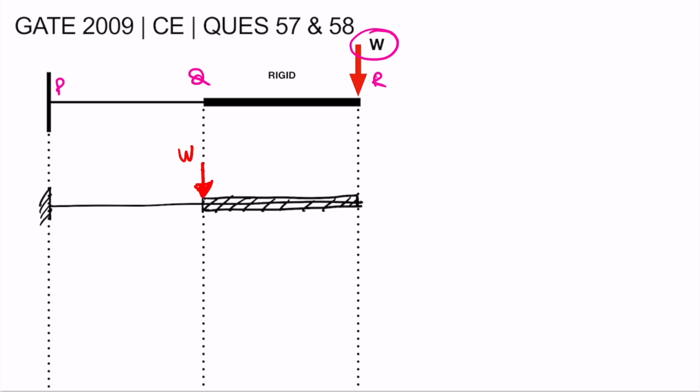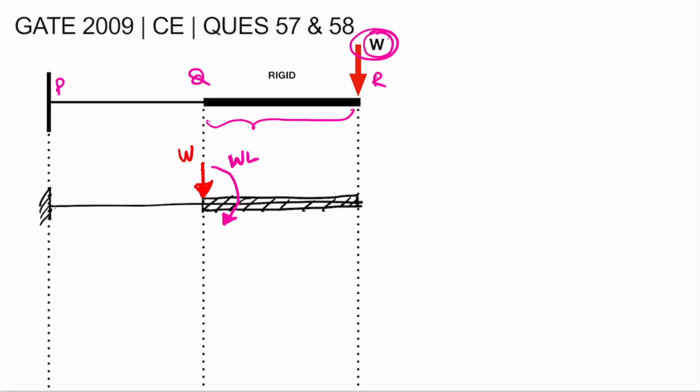So it will be W, but when we shift the load, there will be a moment also. The magnitude of that moment will be W multiplied by the length with which we have shifted the load. So it is point load W plus this moment WL.